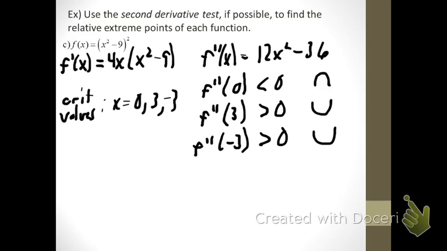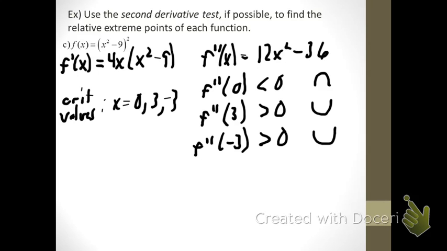I didn't show the work for the derivatives, but those are the derivatives that you should have gotten that you see on your screen. The critical values were 0, positive 3, and -3. When I plugged 0 into the second derivative, I got a negative value, -36 to be exact. When I plugged in positive 3 and -3 into the second derivative, they both gave me 72 precisely. The point is that they're positive, though.